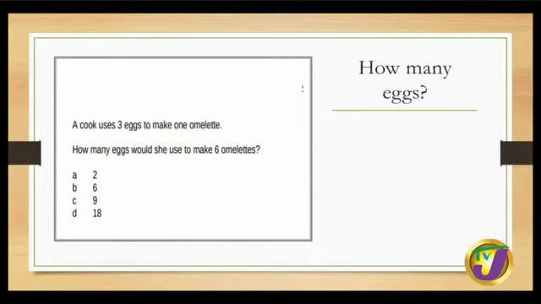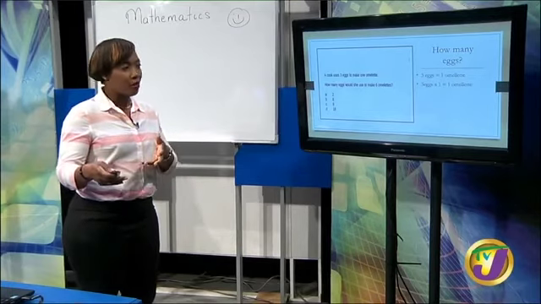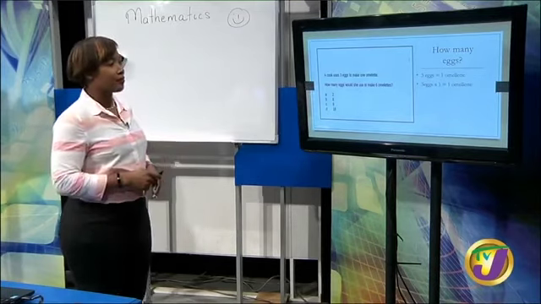The next question is about food, and you know I like food. A cook uses 3 eggs to make an omelette. How many eggs would she use to make 6 omelettes? Let us establish some relationships. So 3 eggs, 1 omelette. 3 eggs multiplied by 1 will give me 1 omelette.